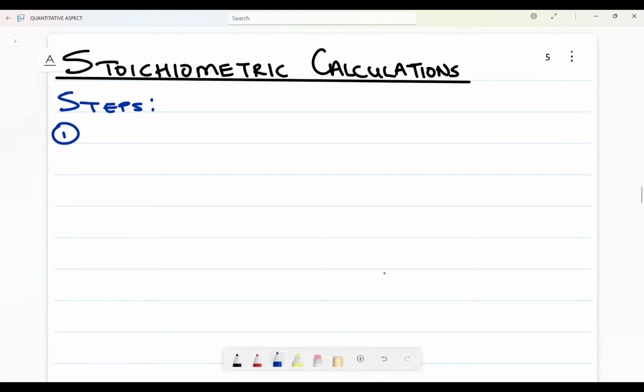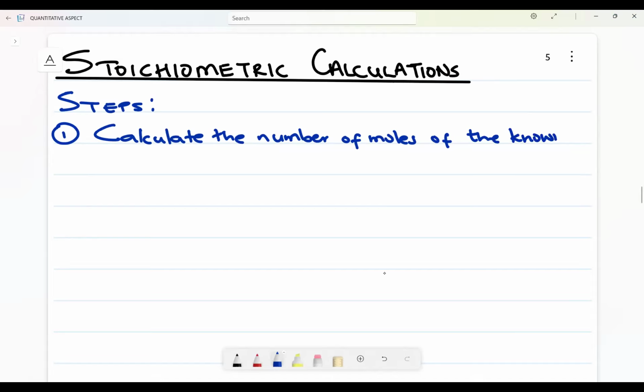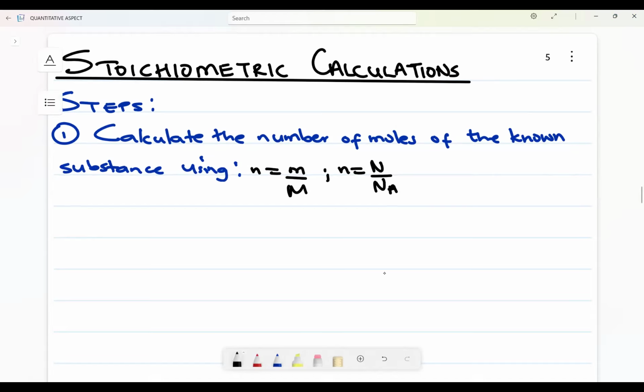Number one, calculate the number of moles of the known substance using either these formulas: number of moles is equal to mass divided by molar mass, or number of moles is equal to the other formula like that.